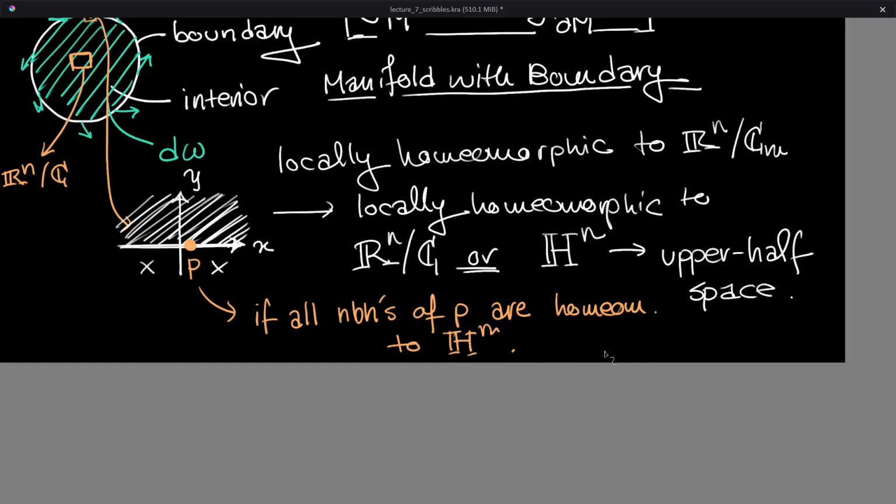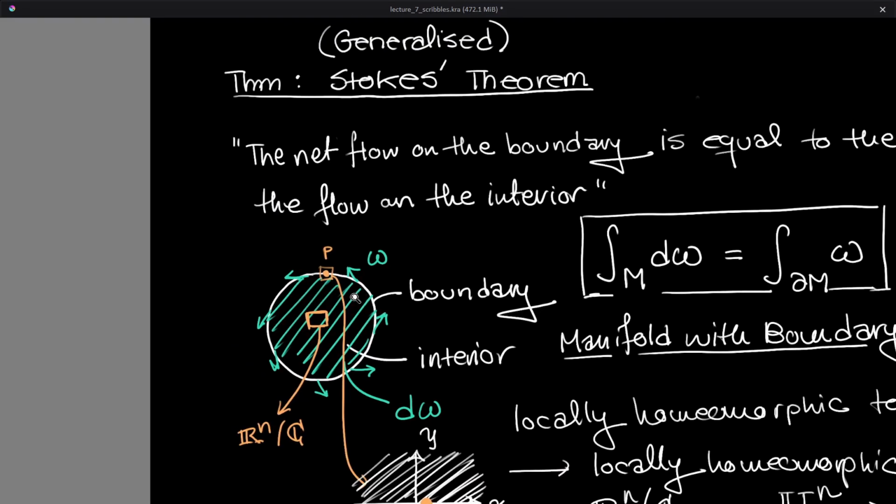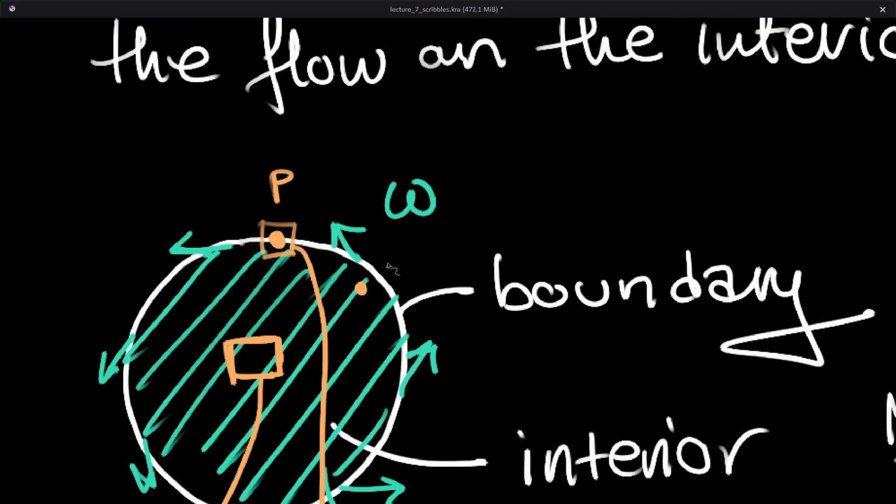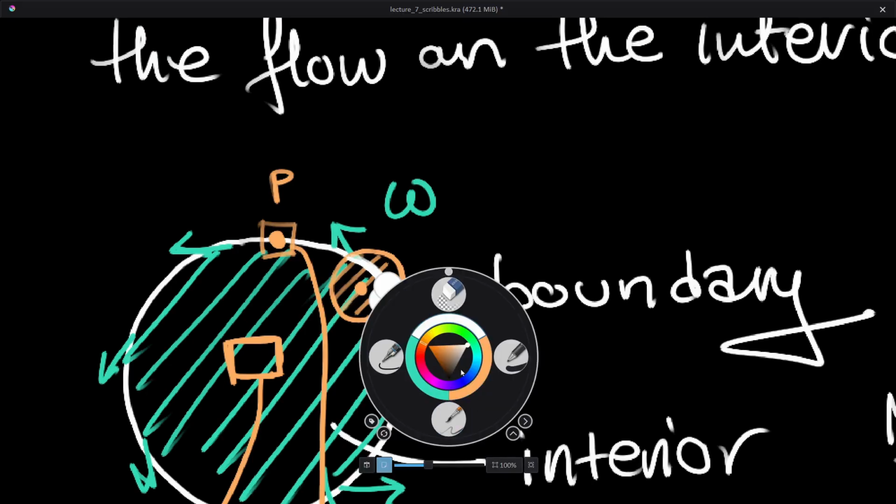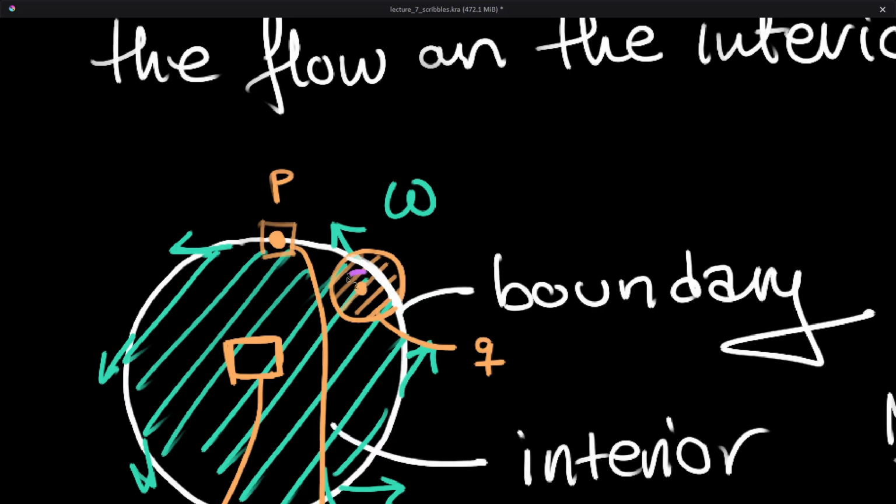That's how we know whether a point on the manifold is going to be an interior point or a boundary point. Let's say I took a point here, call it Q, and took a local neighborhood like that. This neighborhood would look like the upper half space, because it contains part of the boundary. But that doesn't count, because there's an even smaller neighborhood that doesn't look like this, that looks like Rn or Cm, depending on the manifold.